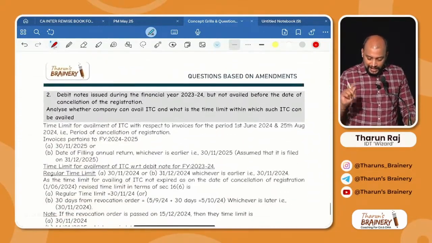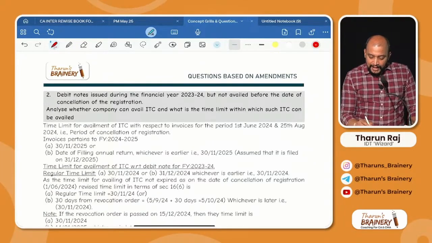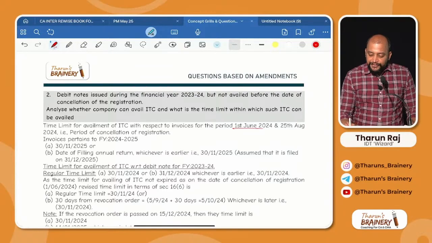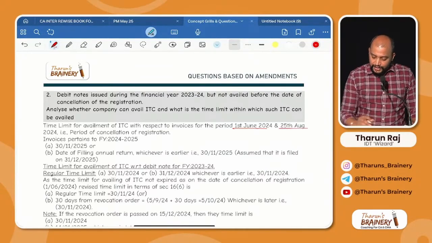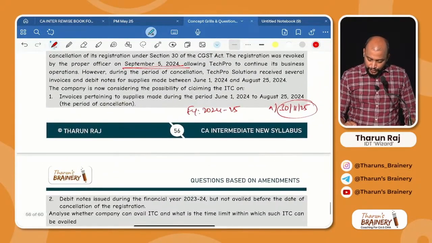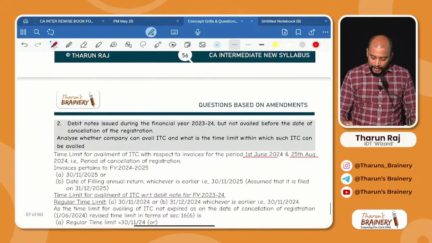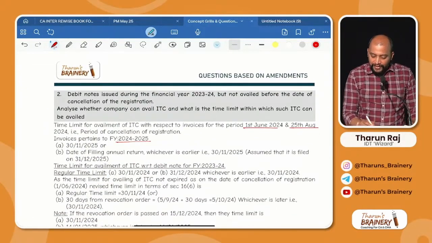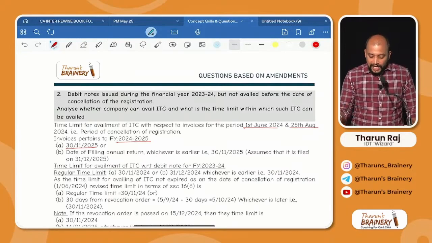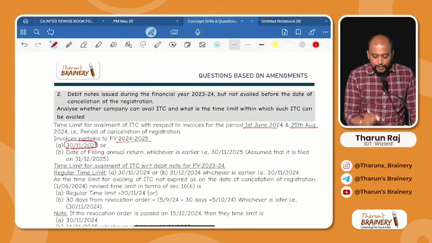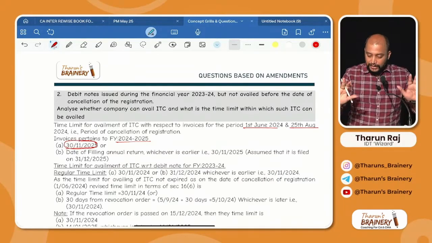Okay, so that is the answer for the first case. Time limit for availment of ITC for invoices for the period 1st June to 25th August 2024, financial year 24-25, is 30/11/2025, or the date of filing the annual return, whichever is earlier. So 30/11/2025 only will be taken. Is it clear?